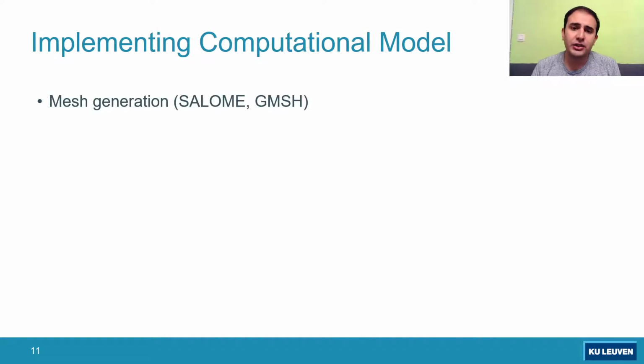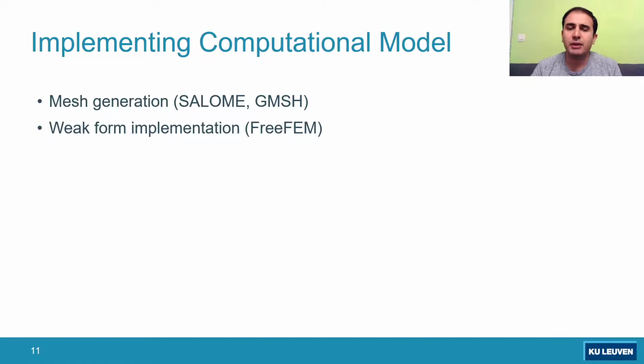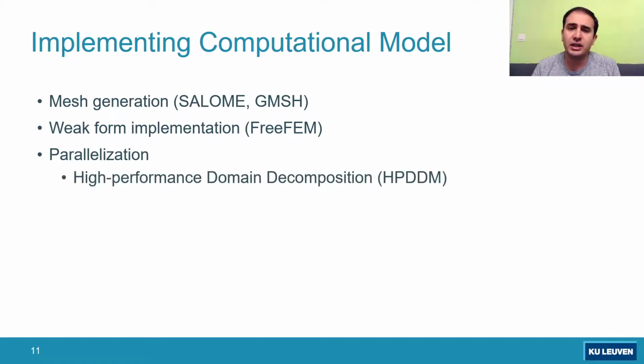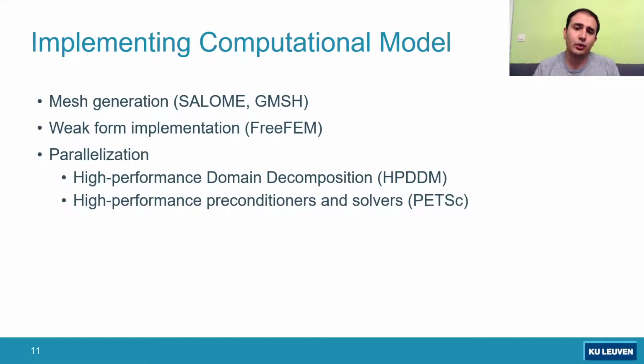The mesh generation in the model is done by Salome and Gmsh. The weak formulation is implemented in FreeFEM, and according to the intensive computation we need to do, parallelization is achieved using high performance domain decomposition techniques and also high performance preconditioners and solvers.